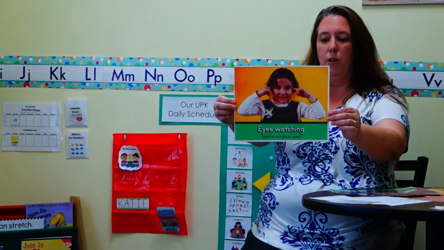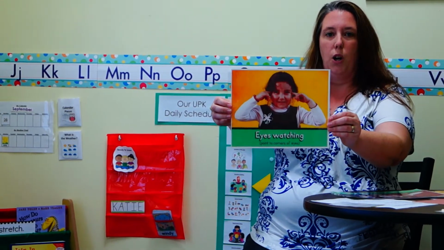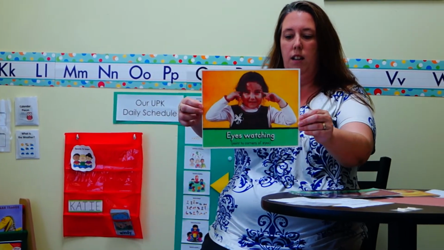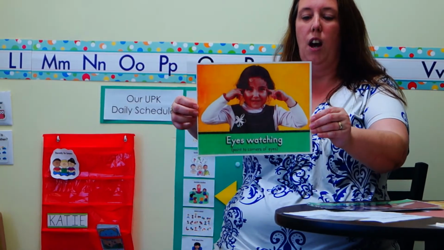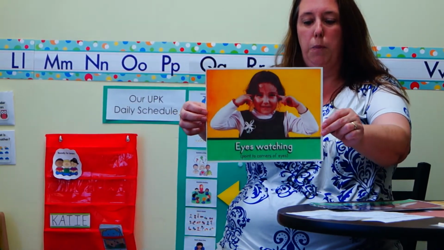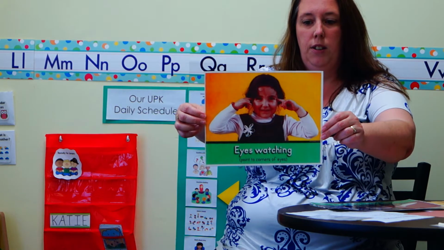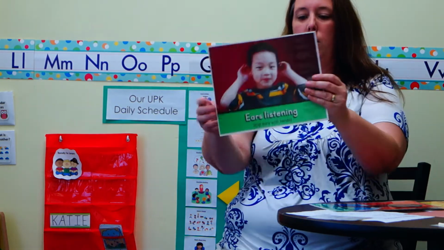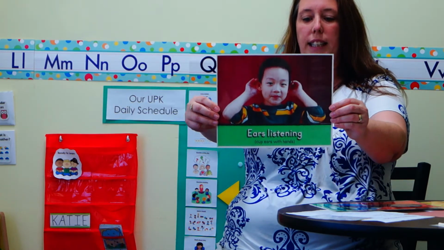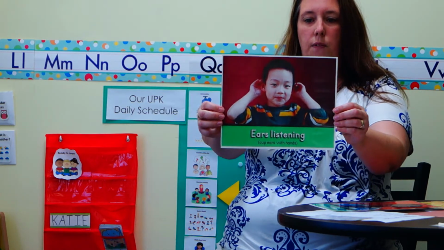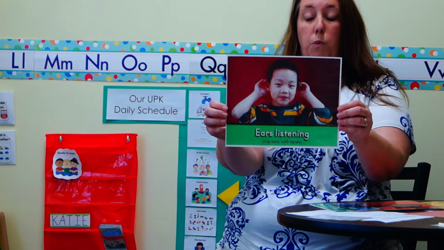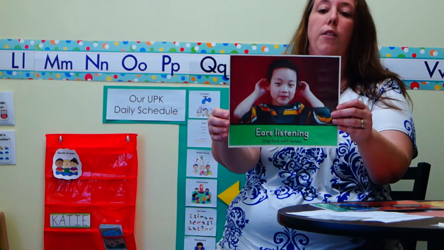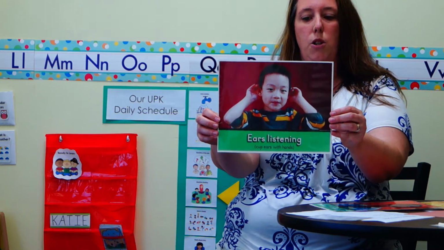When we're together and we're learning, our eyes are watching. So if a grown-up is talking, we should be looking at that grown-up. During group time, our ears are listening. And when our teachers are talking or when our friends are talking, we should be listening to what they're saying.